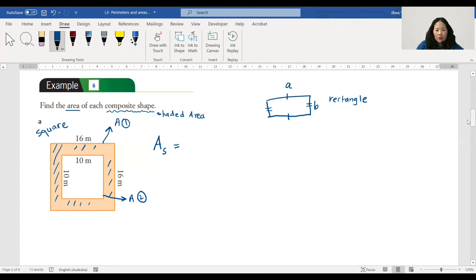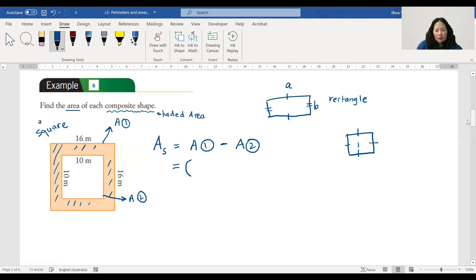Now, how am I going to find the shaded part? It's almost like a big square with a small square as a hole in the middle. So I'm going to go area 1, the big square, take away the small square, area 2, which will give me whatever is in the middle, the shaded part. A square has all sides the same.